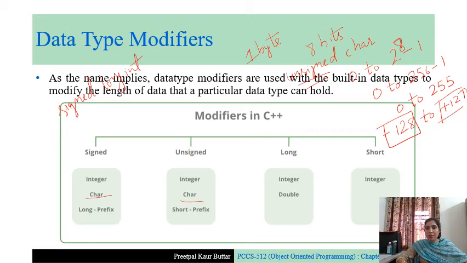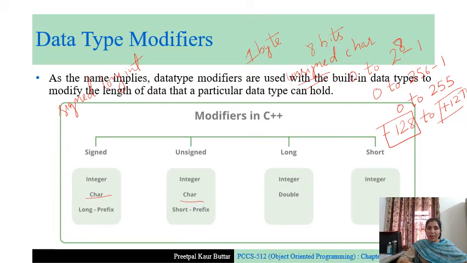The range of values will be from 0 to 2 raised to power 8 minus 1. What is 2 raised to power 8? 256 minus 1. So the range of values will be from 0 to 255 if the char is unsigned.